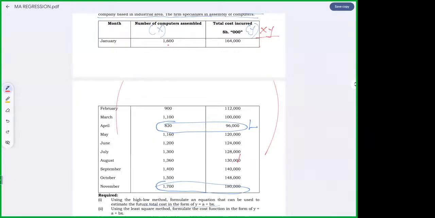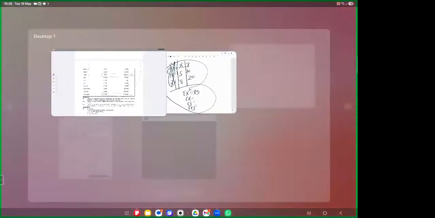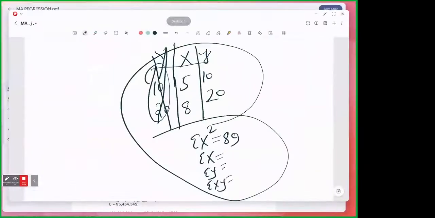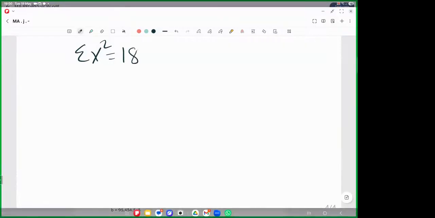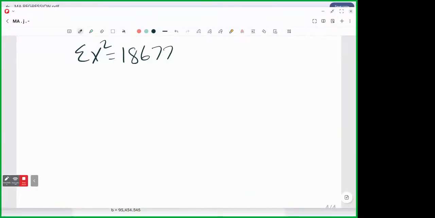All right, so I can see what Nelson is giving me. Nelson is telling me, Mwalimu, you know what? This one, I have it already. He is giving me the summation of x squared, 18,677,600.